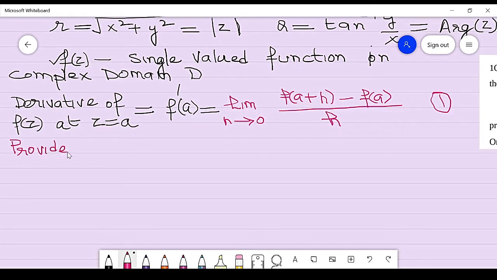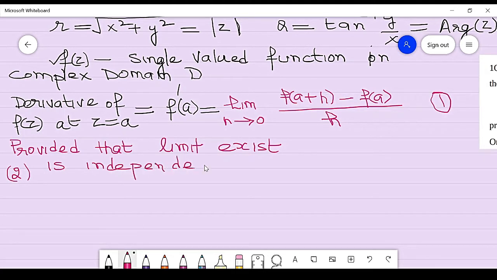Provided that, number 1, this limit exists, and number 2, it has the same value along every path along which h approaches 0. We can also say that it is independent of the path.